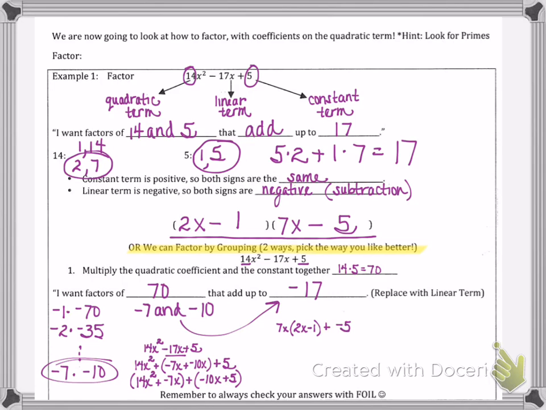Remember, when you've got a negative there, you usually want to pull out a negative. 2x minus 1. And the reason I know I'm in business is because these two sets of parentheses match. So my final factored form would be 7x minus 5, you could also have plus negative 5, times 2x minus 1. And then, of course, you want to FOIL that to check it.